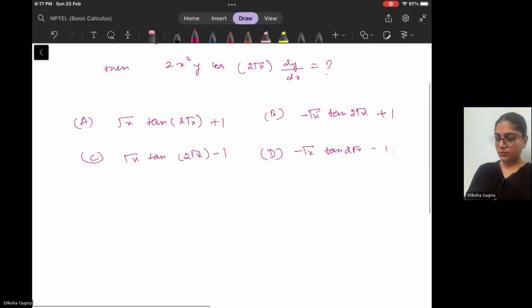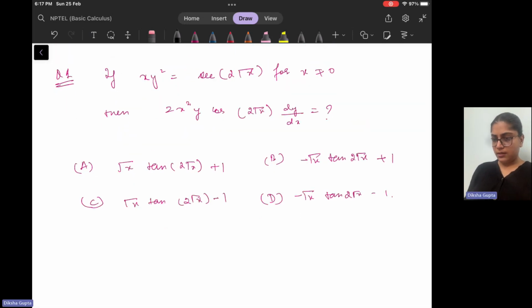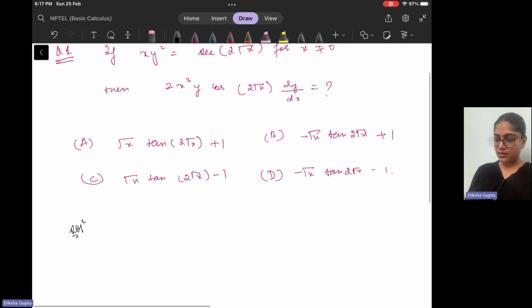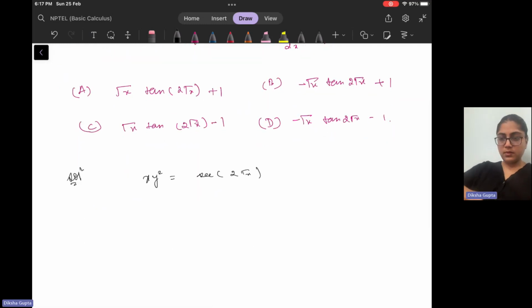So your obvious step to start the question is to differentiate the given equation. You are given xy square equals secant 2 root x. I hope you remember the chain rule from this week's video.